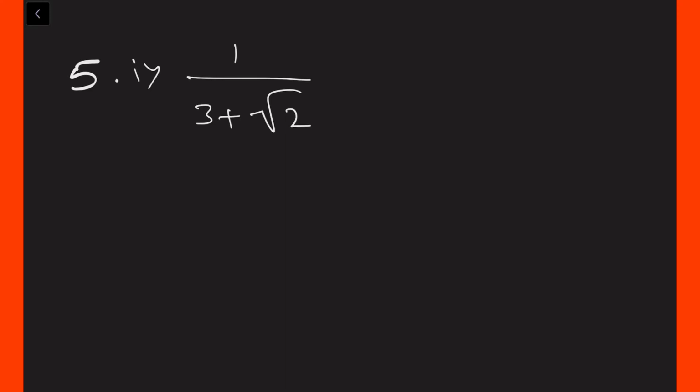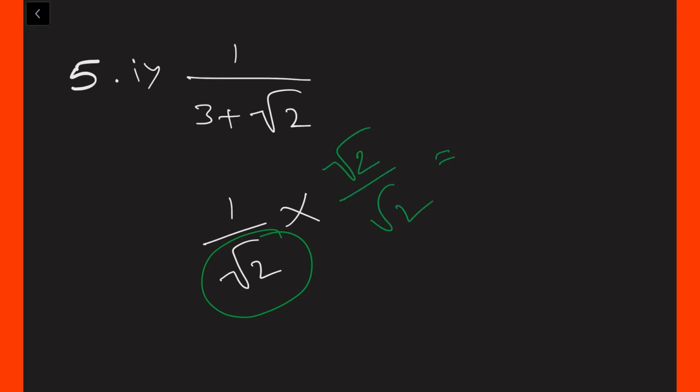For example, I have a number 1 by root 2. Now, in the denominator, root 2 is there, which is an irrational number. I don't want any irrational number in the denominator. So to make that irrational number into rational, I will multiply and divide this by root 2 again.